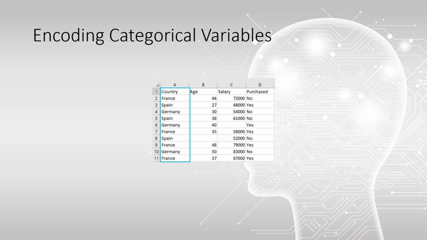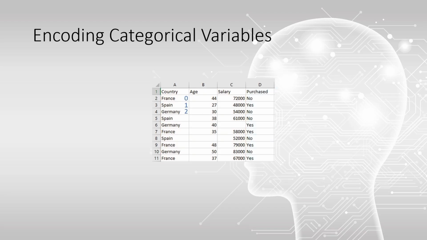As we can see, this dataset contains one column, country, with categories France, Spain, Germany. It will be difficult for a machine learning model to compute correlations between the features and the outcome purchased, which is the dependent variable. And therefore, of course, we will have to convert these categorical variables into numerical values.